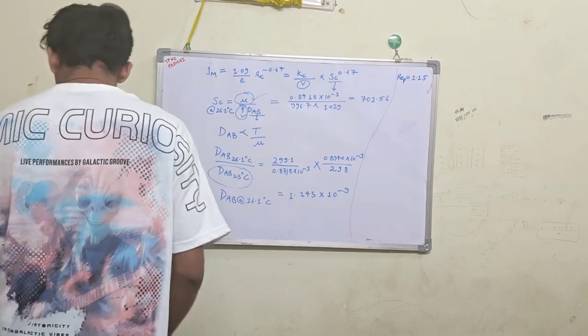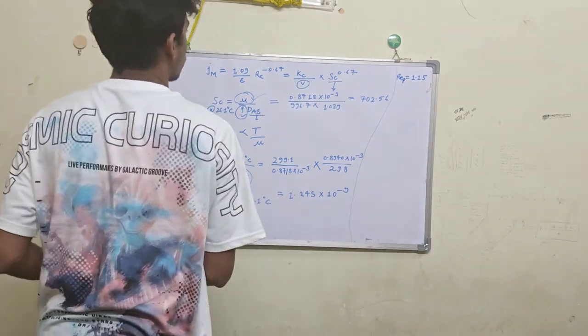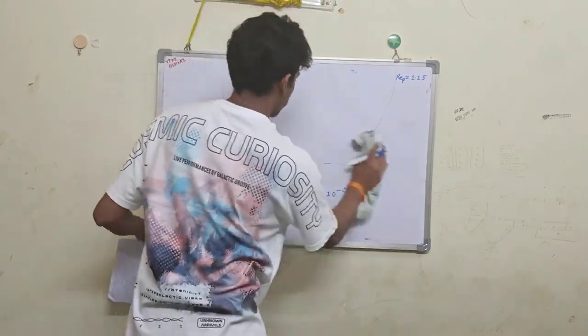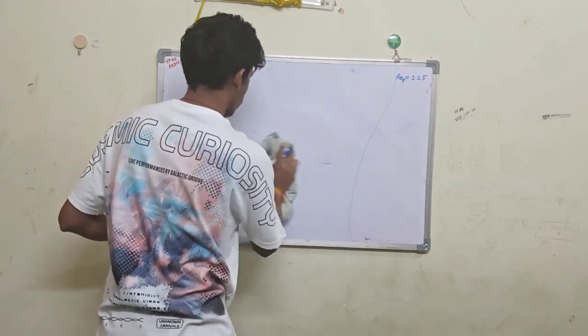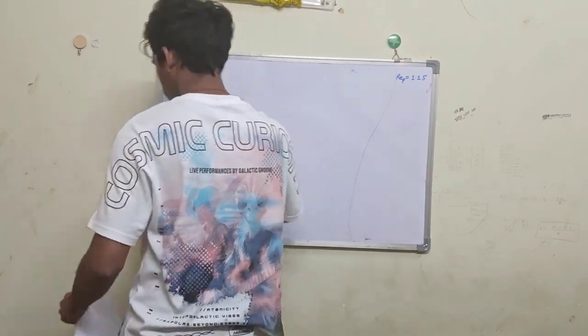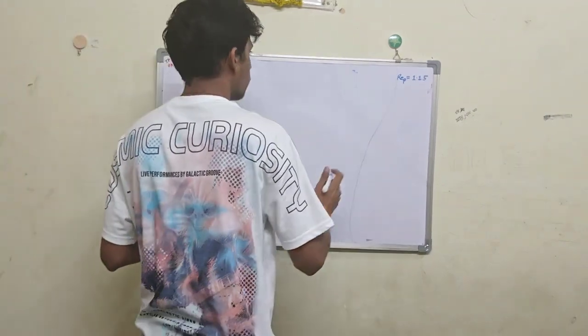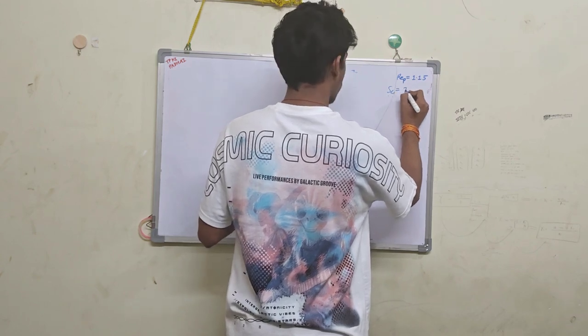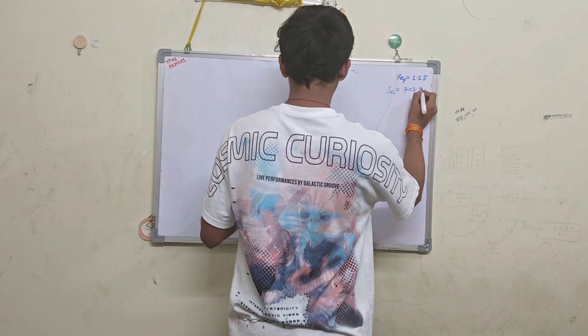Now let's write all these values in one corner. The Schmidt number came out to be 702.56.